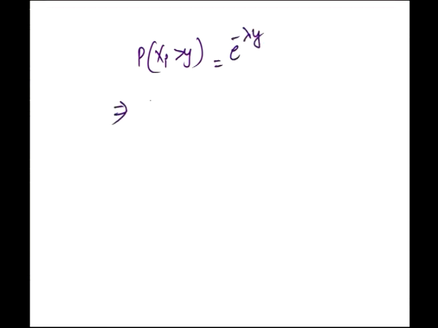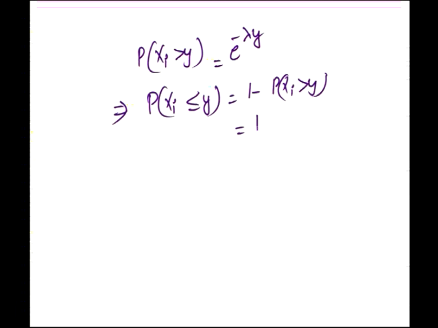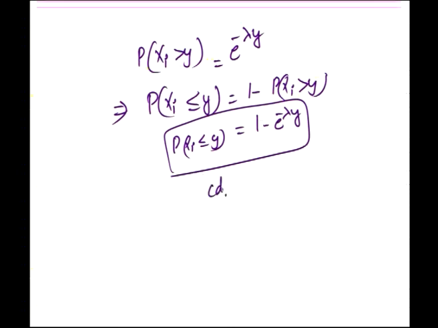So, that P of Xi less than or equal to y is equal to 1 minus P of Xi greater than y, which is equal to 1 minus e power minus lambda y, which is actually the CDF of exponential distribution with the parameter lambda.